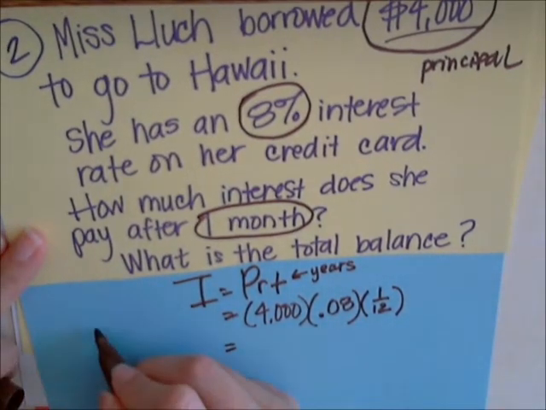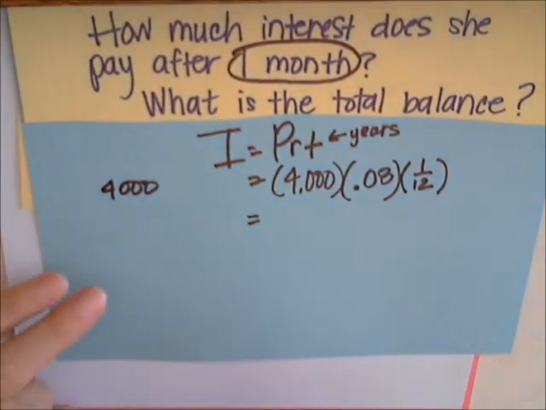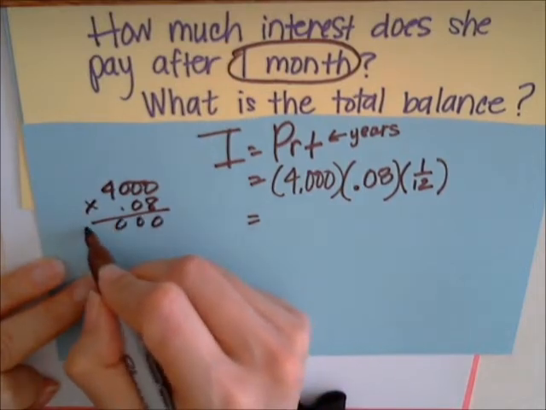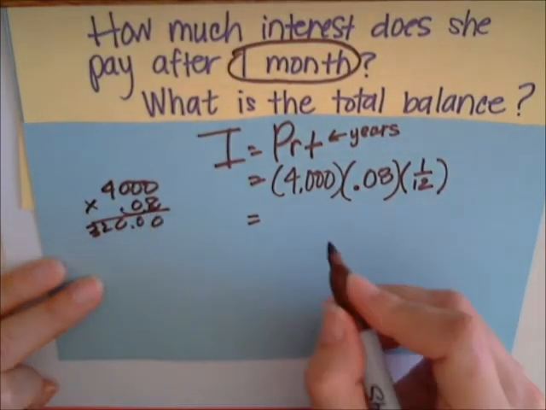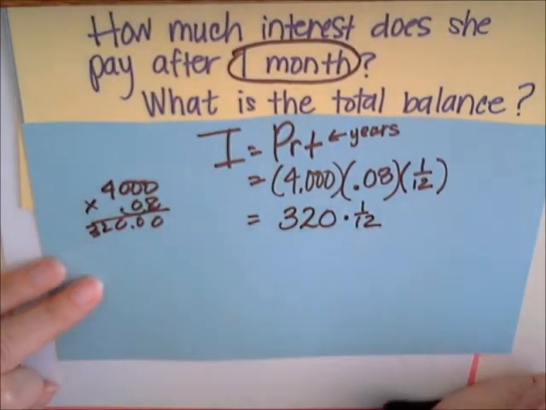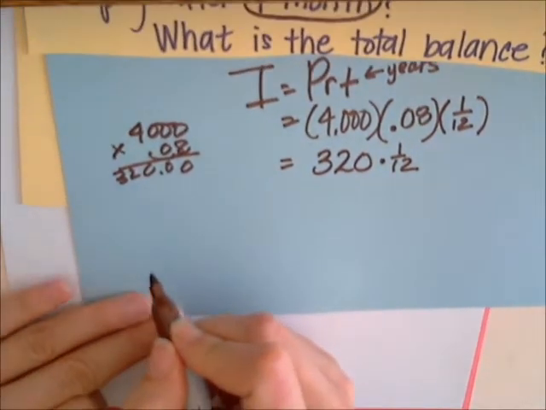I'm going to just go 4,000 times 0.08, and that gives me 320. So 320 times 1/12. I'm going to do side work again if you don't mind.